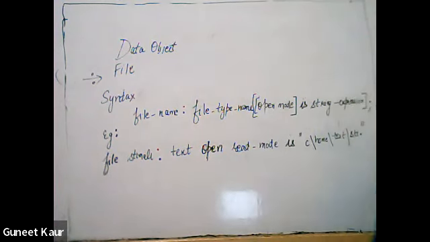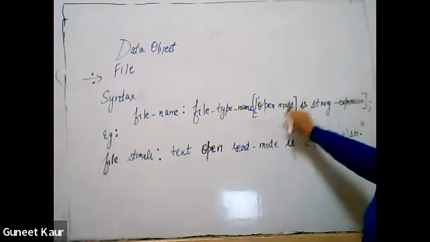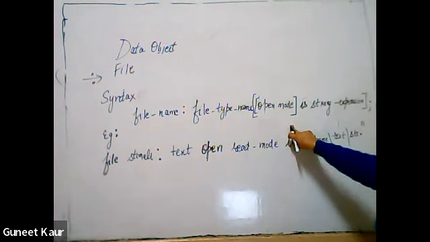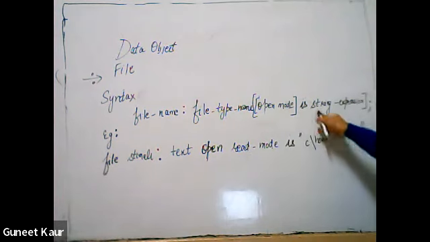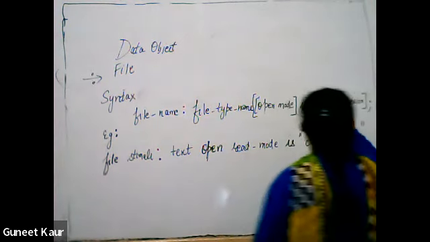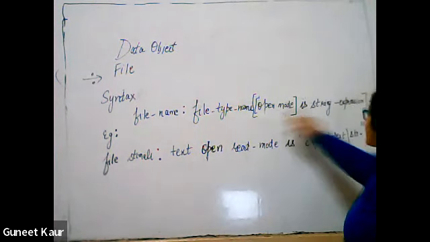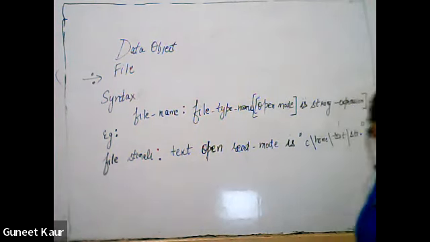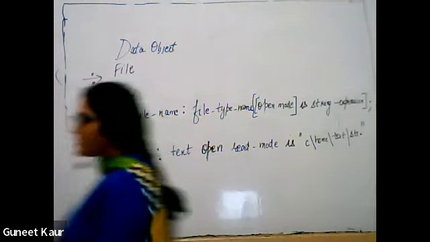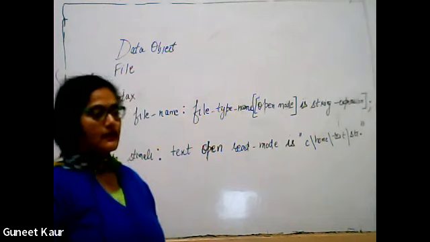Three modes are there: read mode, write mode, append mode. Then the first square bracket is closed, then the keyword is string-expression, square bracket close, semicolon. So this is the syntax used for the file data object.